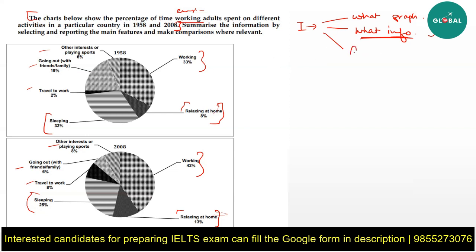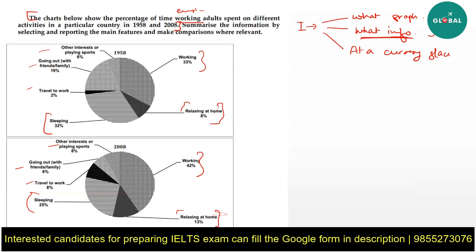This can be called "at a cursory glance." I call this sentence that because then you will not make any grammatical errors while writing it. In this, you will just point out something very obvious. So, at a cursory glance, it is obvious that many adults spend most of their time either working or sleeping in both the years, even after 50 years of gap.